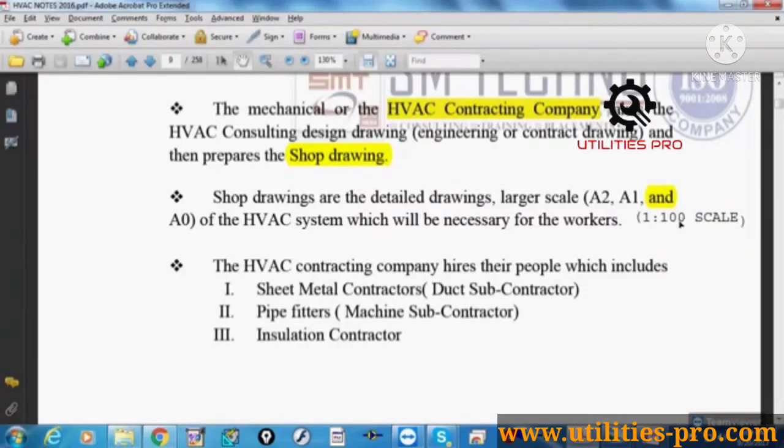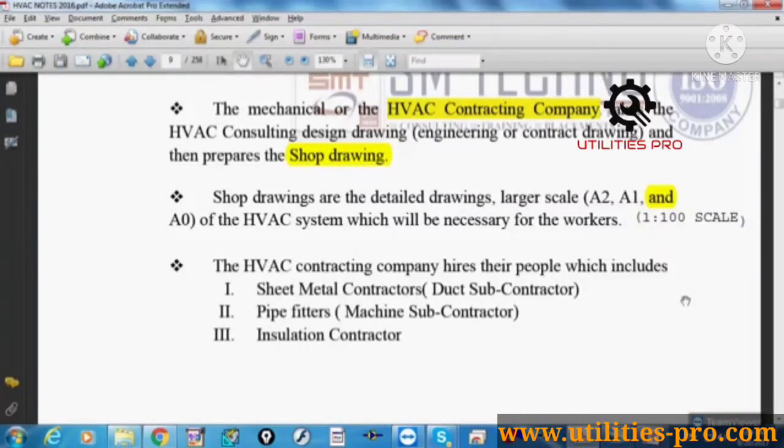And most commonly, remember 1:100 scale. This is very, very important. You must highlight this: 1:100 scale. What exactly it is, we'll discuss. You'll find it in drafting about this scaling, but I'll give you the idea. 1:100 scale means in actual it is 100, but in the drawing it is only 1. At the time of drawing in CAD, we draw with 1:1 scale only.